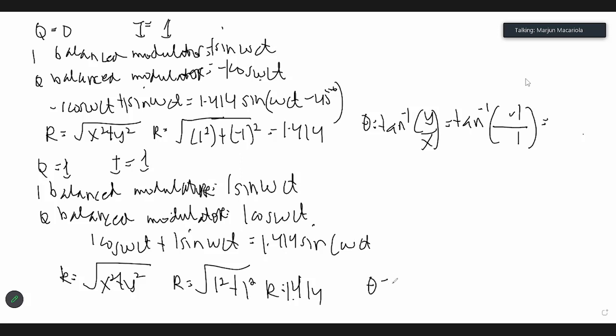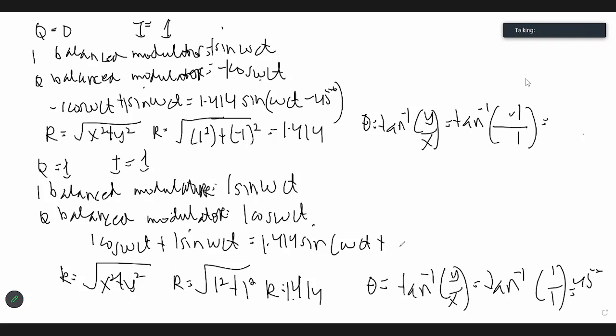The value of the angle is arctan y over x or arctan 1 over 1, which is equal to 45 degrees. Yun. So, nakuha na natin yung outputs.